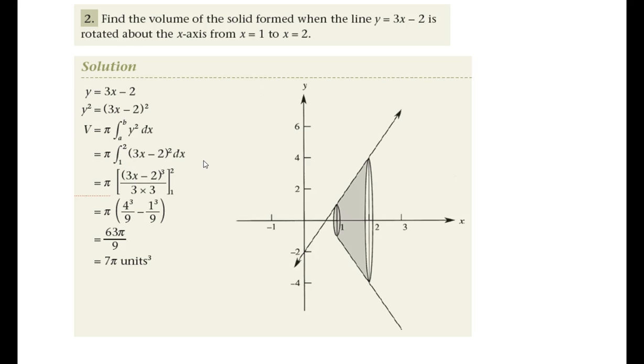Now, the book has done the integral using the function of a function rule. In this case, you could probably expand that out. It doesn't really matter which way you do it. It will still give you the same result. So doing the calculation, you end up with 7 pi cubic units.